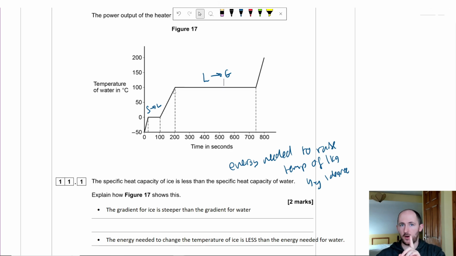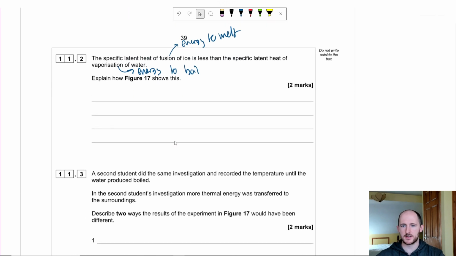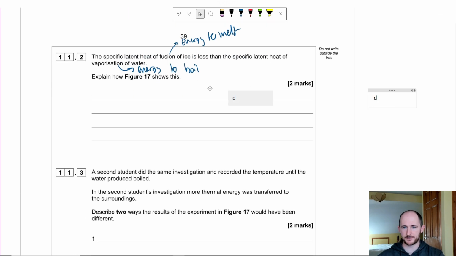So, in other words, and this is in layman's terms, it takes longer to boil water than it does to melt water. Now, again, think about how we're linking this to the experiment. If it's taking longer, it means it requires more energy to boil water than it does to melt ice. So that's exactly how the figure shows it.